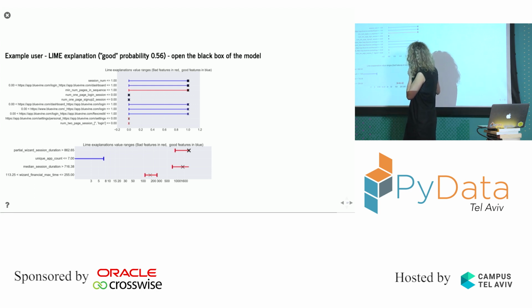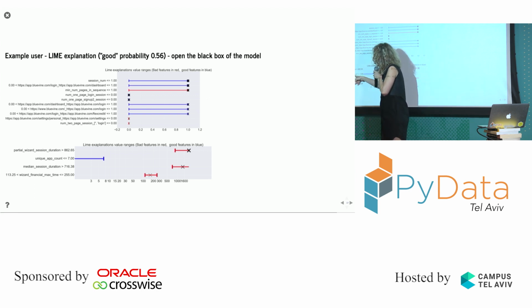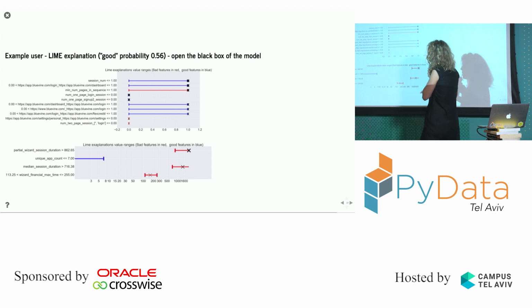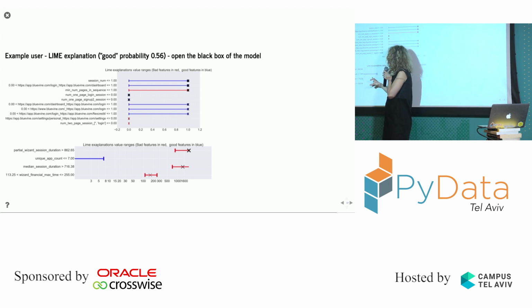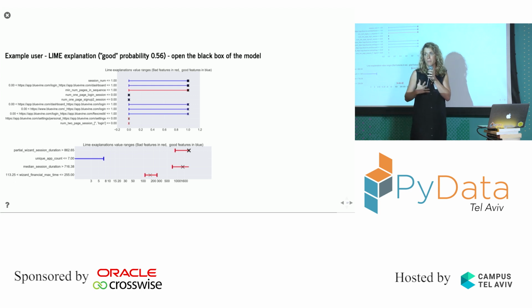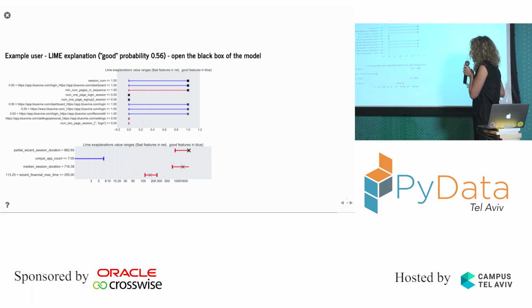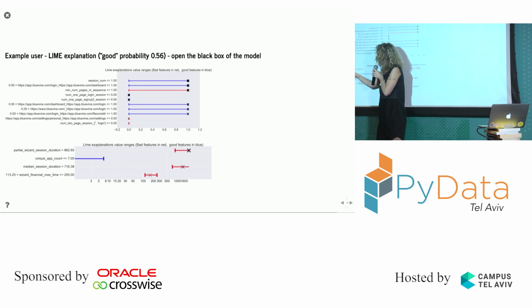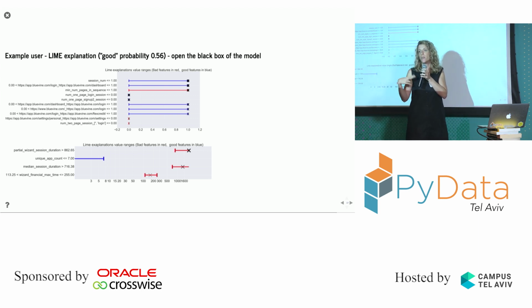Other interesting features you can see here is that the unique app count, for example, the unique pages the user visited in our app is smaller than 7, then this is somehow a good sign. Again, I'm not sure why or if it's good, but it's interesting to look at. And the partial wizard session duration, remember this user did the wizard twice.